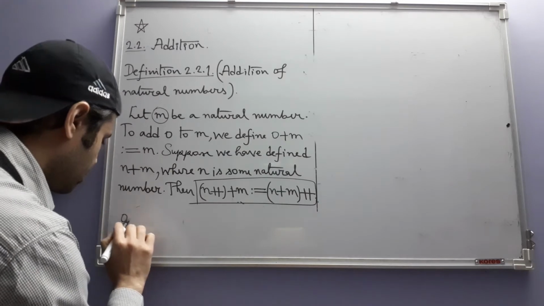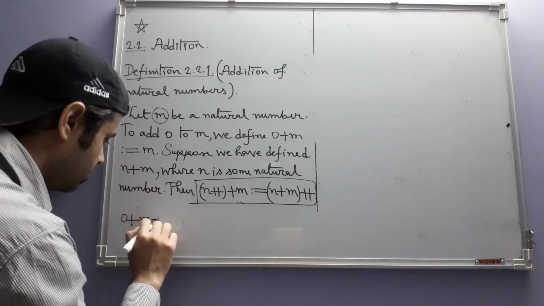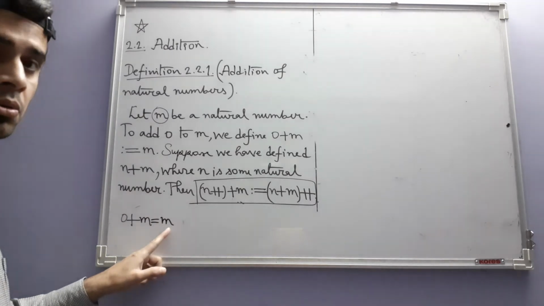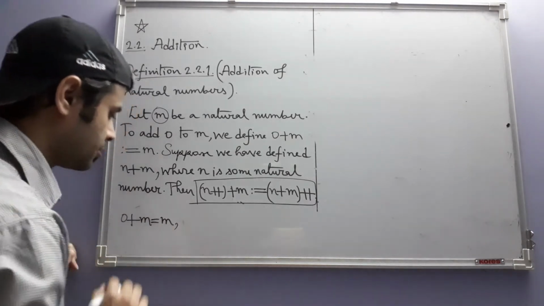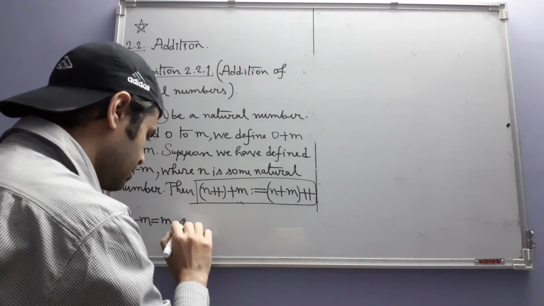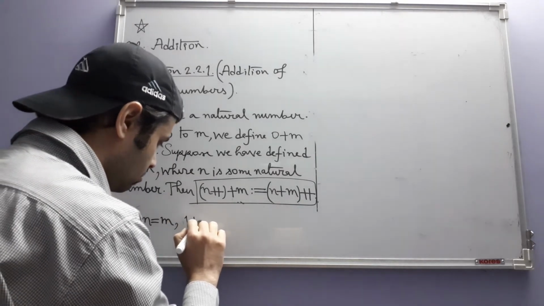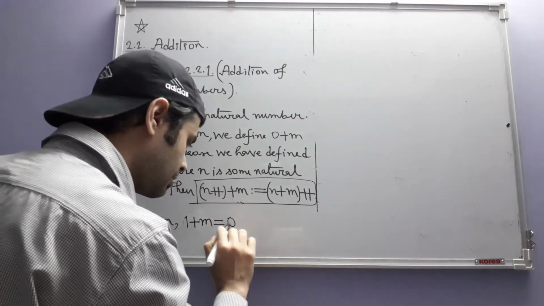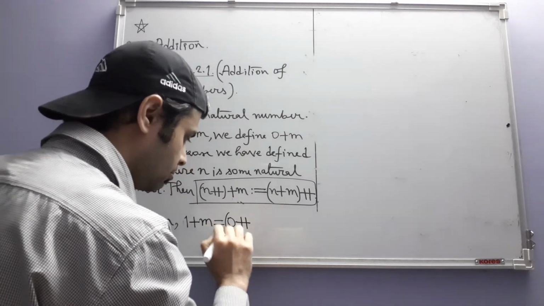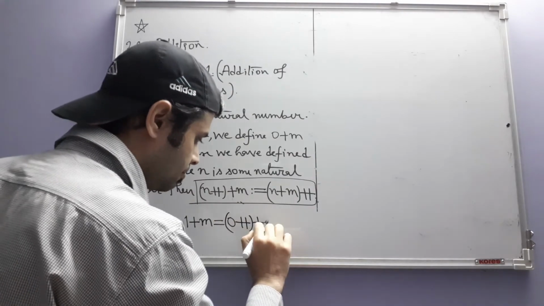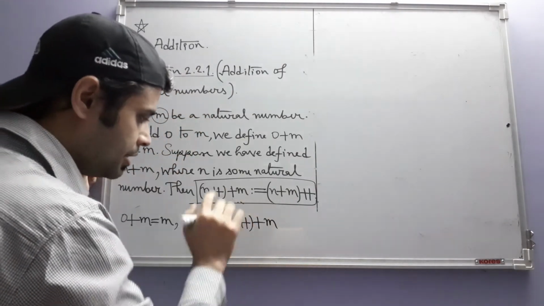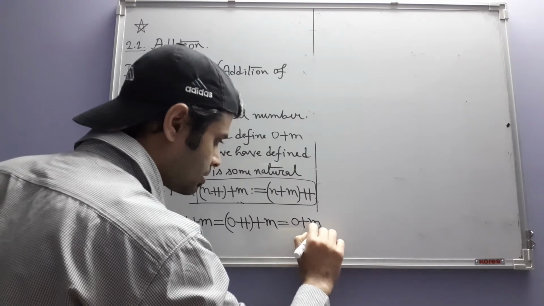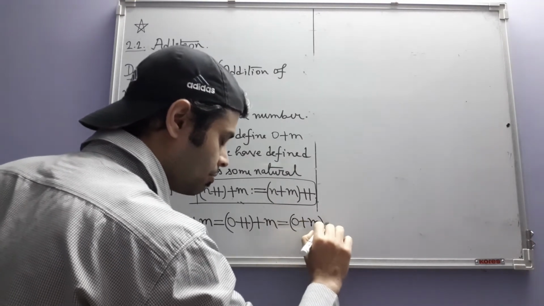0 + m, by definition this is equal to m, which is okay. This matches with what we know about natural numbers. What is 1 + m? What is 1? 1 is the successor of 0. Now if I use this, it should be the successor by definition, of 0 + m.